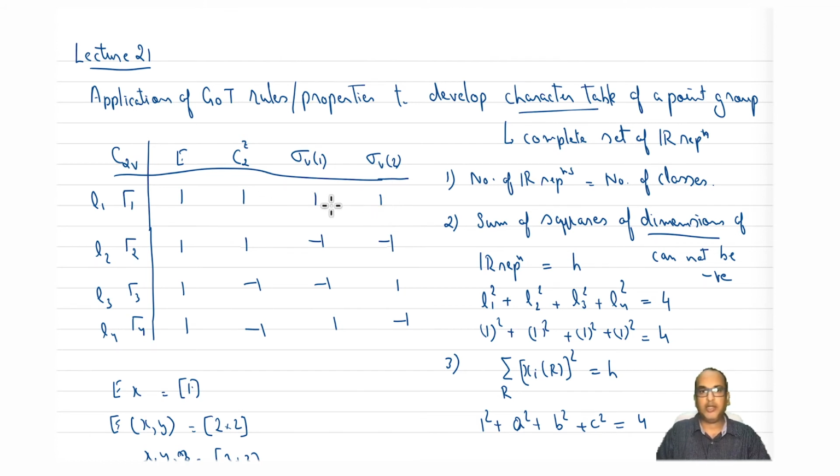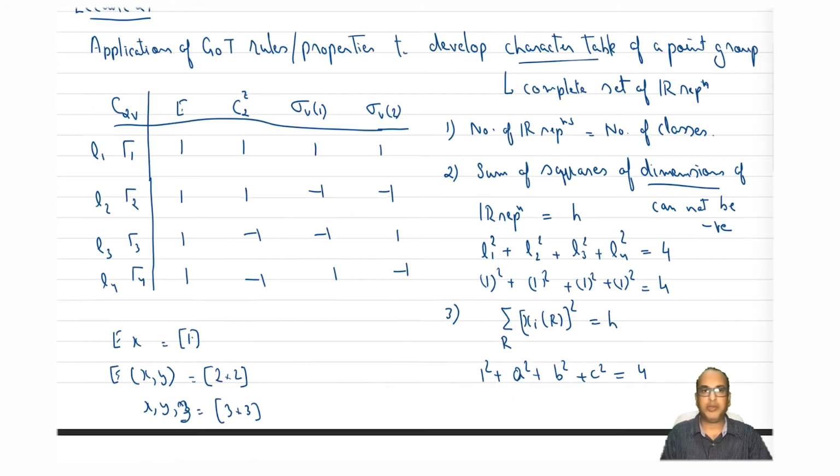Here we have not done any of these operations, or considered the basis set or the molecule. We have just worried about the solutions using the rules or properties of the great orthogonality theorem. I hope this is clear.